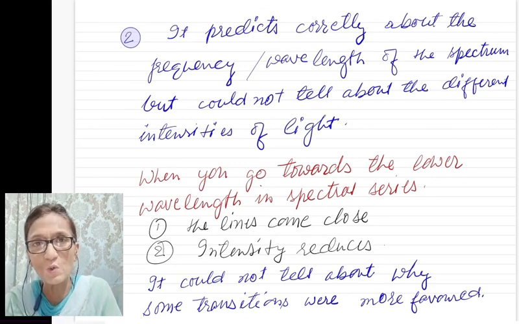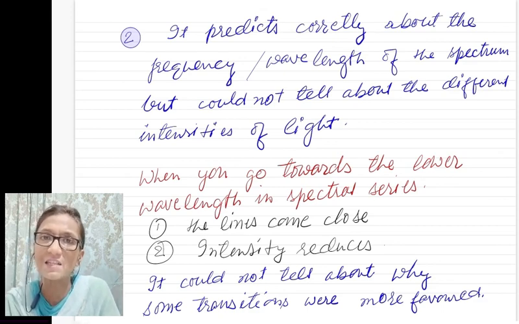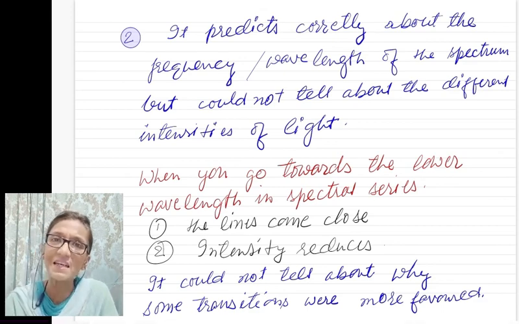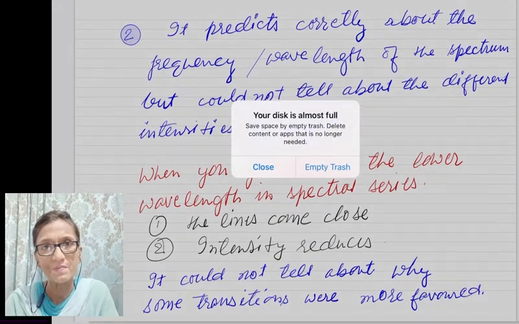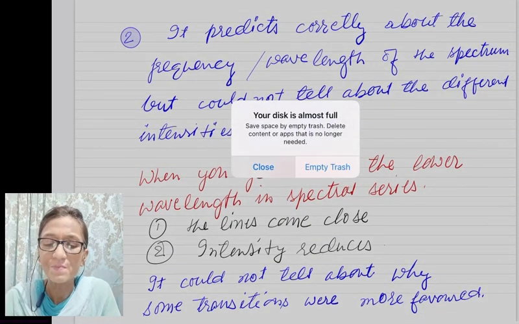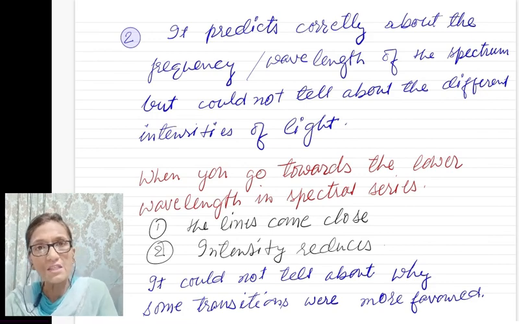So these two things happen. Lines come close towards smaller wavelengths in spectral series and intensity reduces, and Bohr's model could not predict these observations. Now the last drawback is that it could not tell why some transitions were more favored.